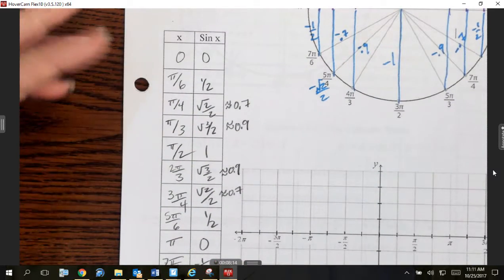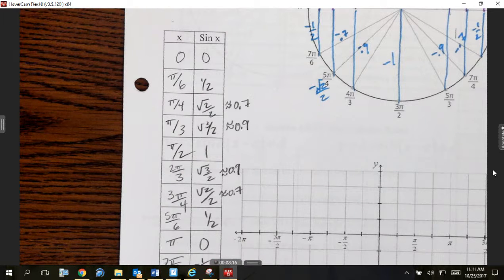You don't necessarily need the decimals. I just put them on there so you know how we're graphing.